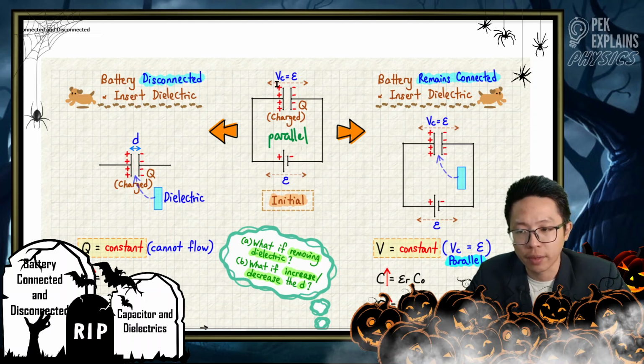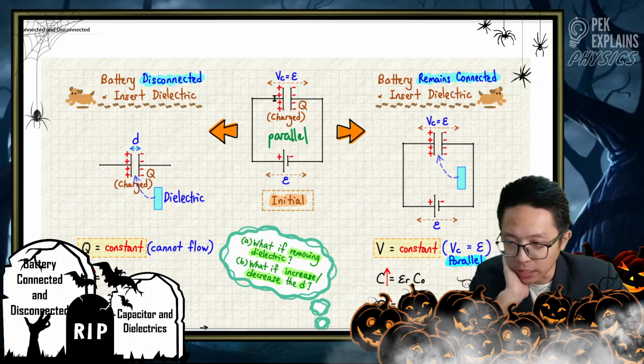That means the voltage of the capacitor is equal to the EMF itself. It's charged up to the maximum, so it stores the maximum charge for this EMF.